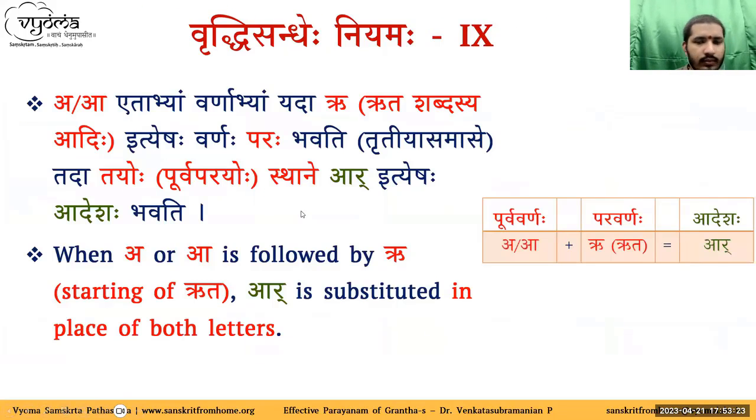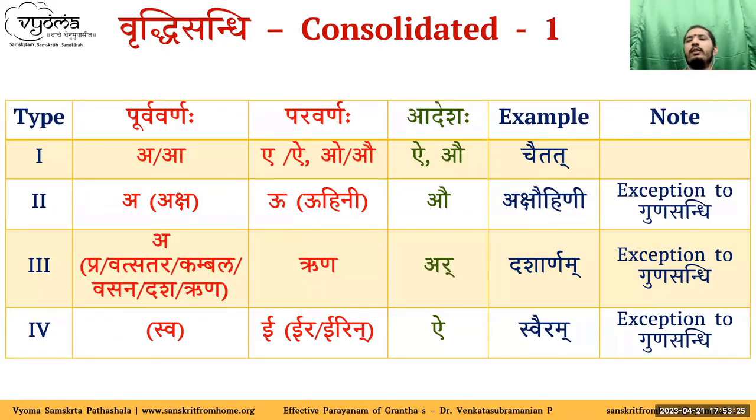So, to remember all the Vriddhi Sandhis, we have just given a consolidated table here with all the 9 rules. So, in the first type, we saw if the Puravarna is Akara or Akara, and if the Paravarna is A, I or O, Au, then the Adesha will be I or Au.